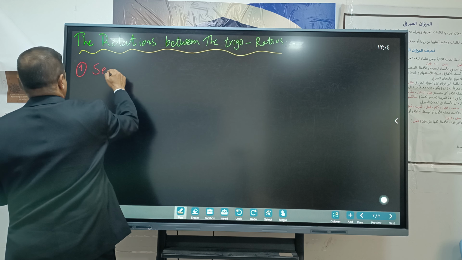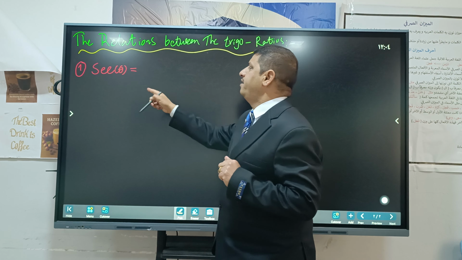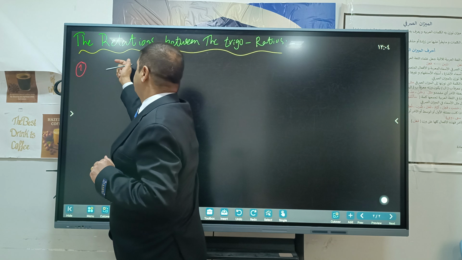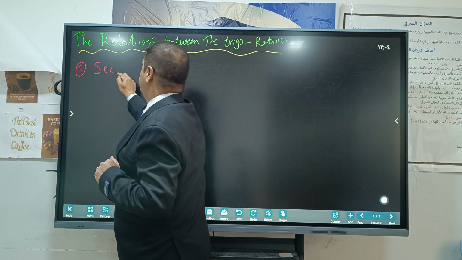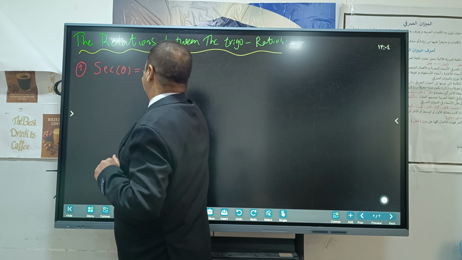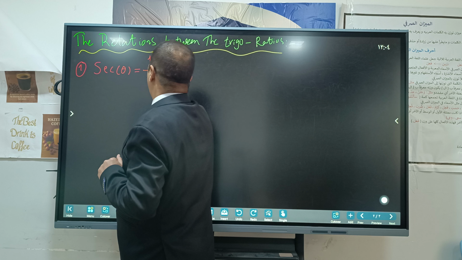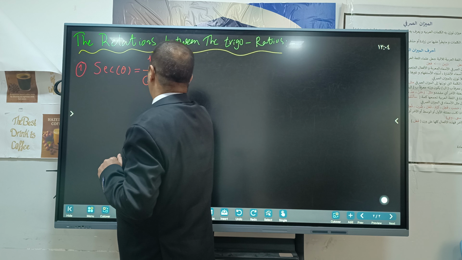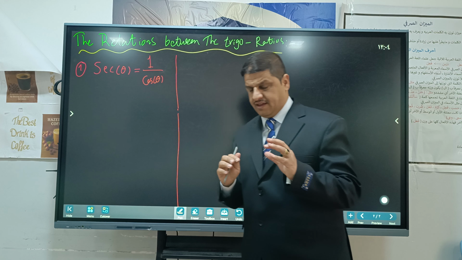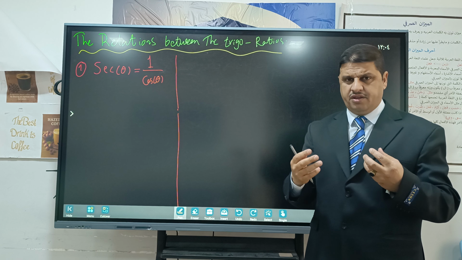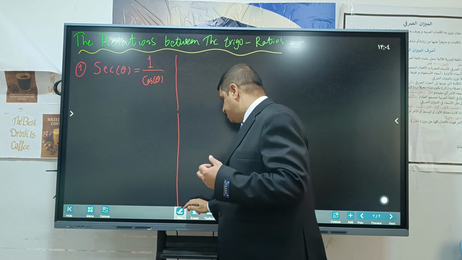It is a new rule, a new law, a new quantity. Secant of an angle theta equals 1 over cosine of theta, okay? Now, let's study them easy.